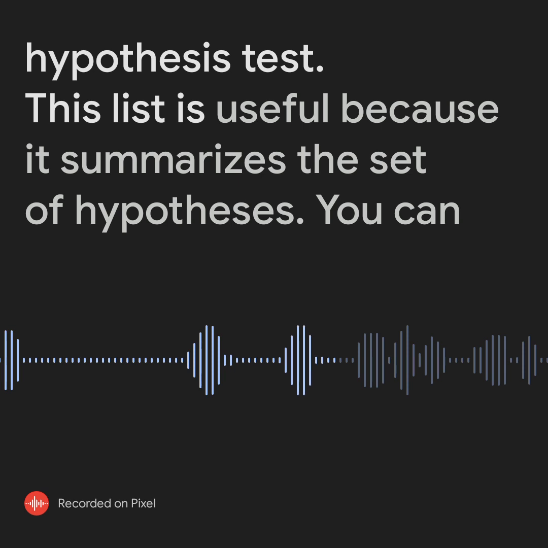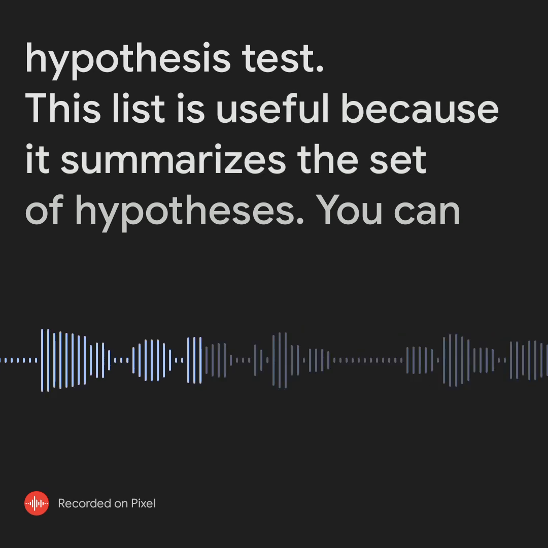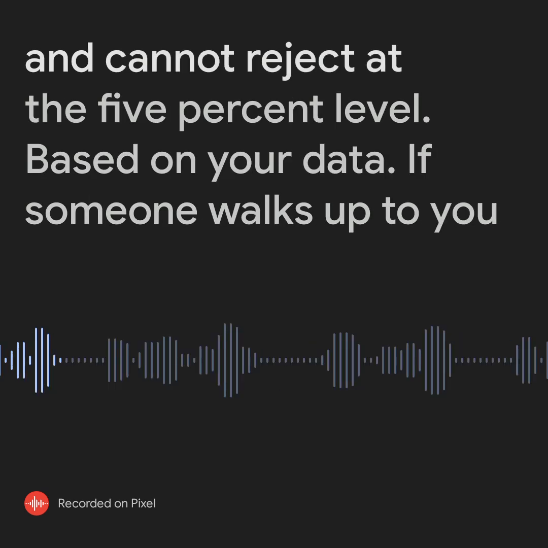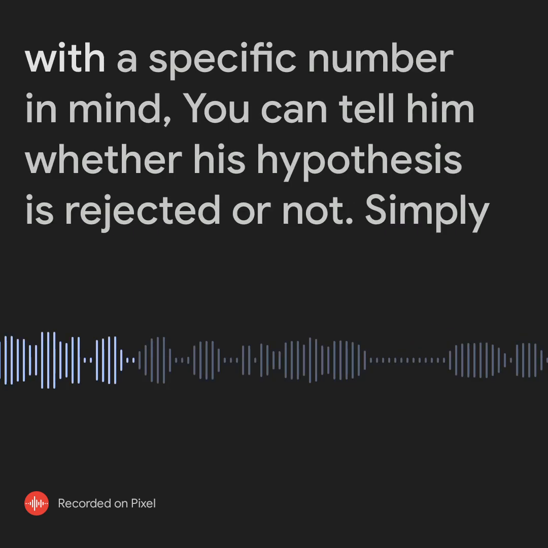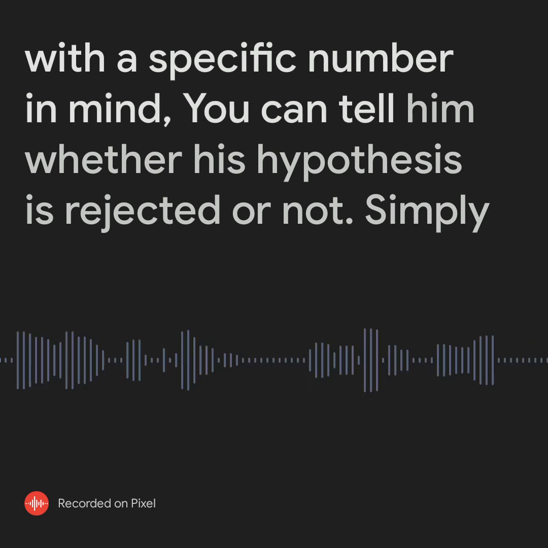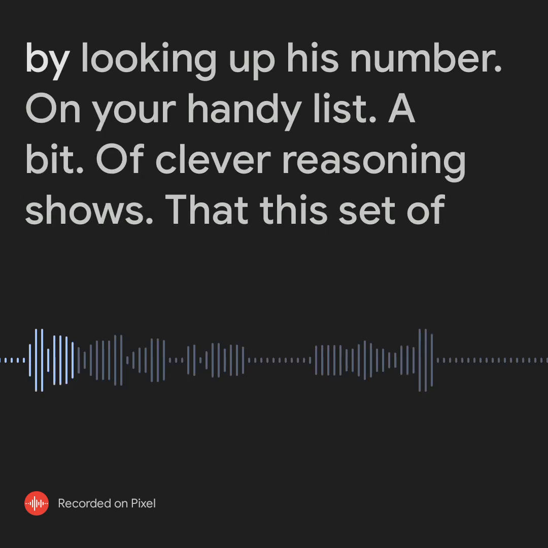This list is useful because it summarizes the set of hypotheses you can and cannot reject at the 5% level. Based on your data, if someone walks up to you with a specific number in mind, you can tell him whether his hypothesis is rejected or not simply by looking up his number on your handy list.